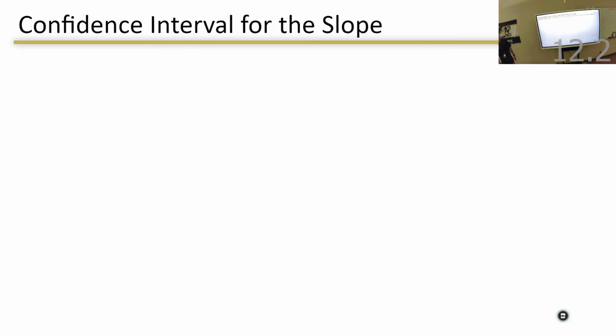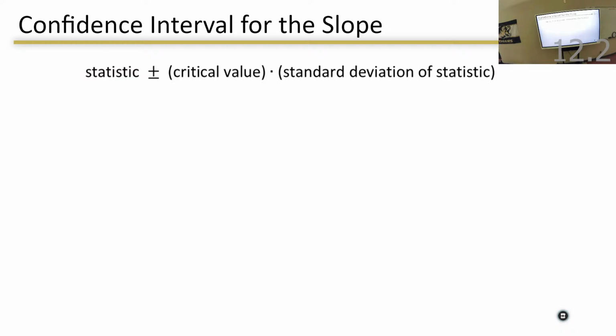Okay. So now let's talk about confidence intervals for slope. Same formula that you guys have used for all confidence intervals. You got a statistic. Well, our statistic is going to be B. It's going to be our slope. Our slope from our sample is not beta, it's the sample slope. Plus or minus. Because we're dealing with means, it's still a t.